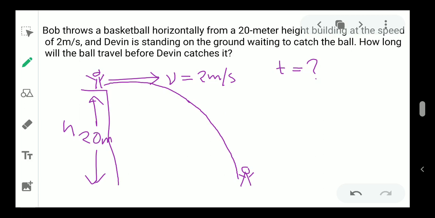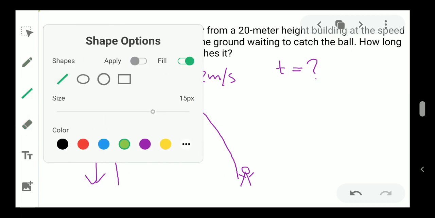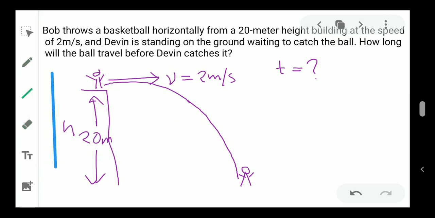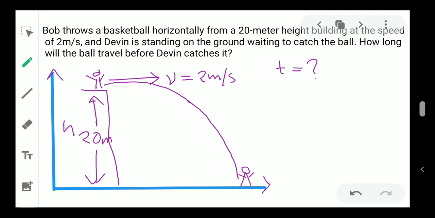So here also I can take a reference of two axes: the y-axis for the vertical motion, and another one for the horizontal motion.